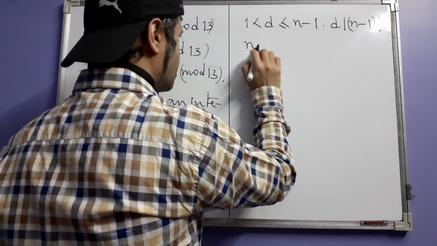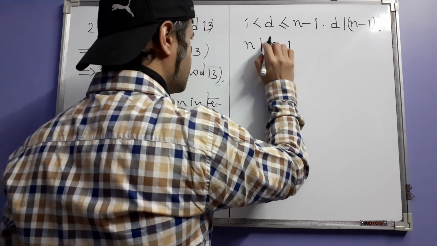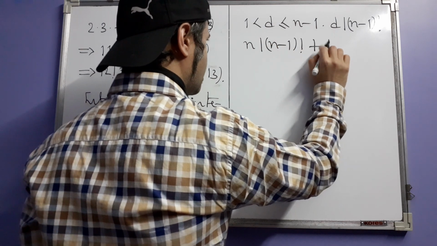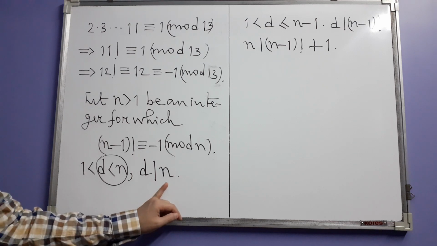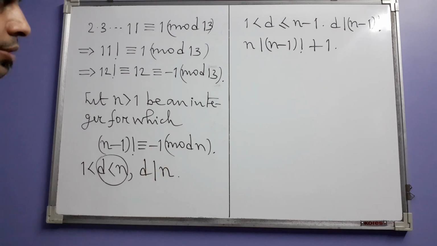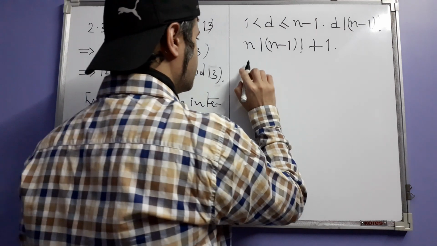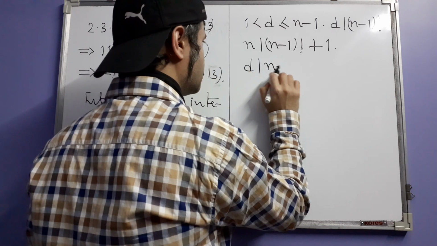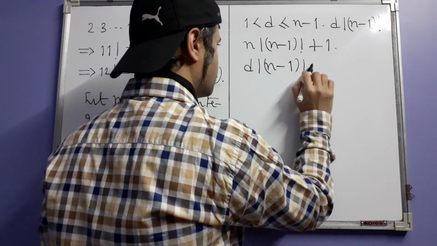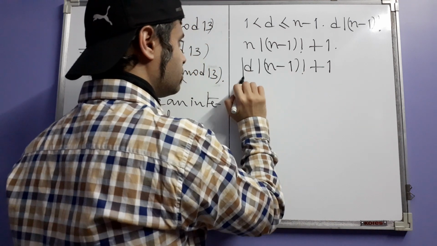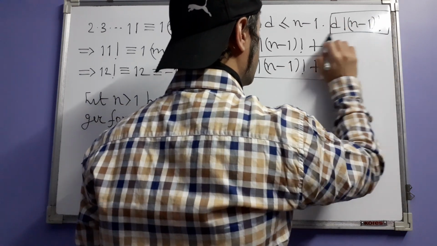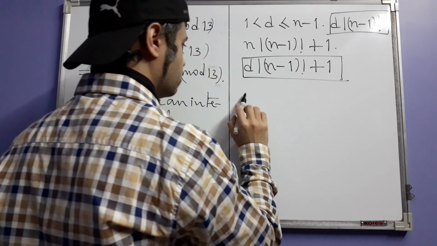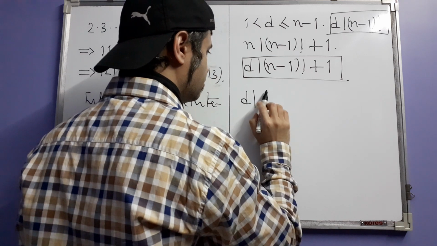This congruence also tells us that n divides n minus 1 factorial plus 1. But d is already dividing n and divisibility is a transitive relation. So d also divides this.